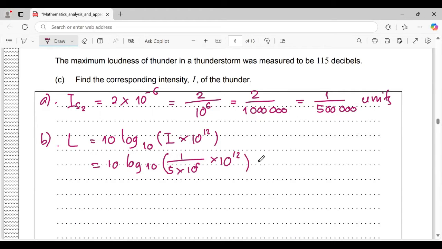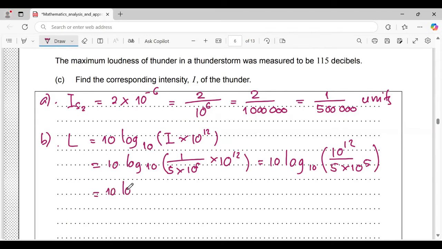And we can simplify, it becomes 10 log 10 of 10 power 12 over 5 times 10 power 5.